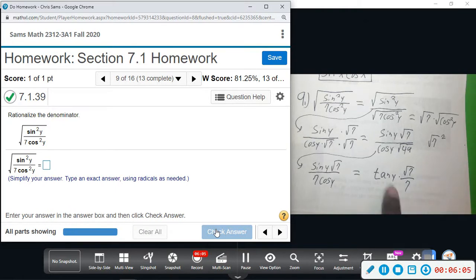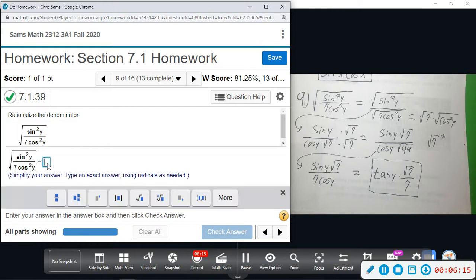That's another way to write this. We'll see which form they want. If we go all the way to the end, that will be the best way. I'm going to try that one first, and if not, I'll backtrack. So we'll say tangent y times square root of 7 divided by 7.